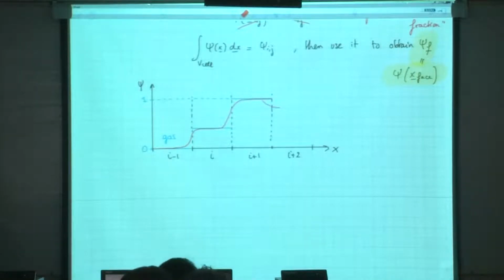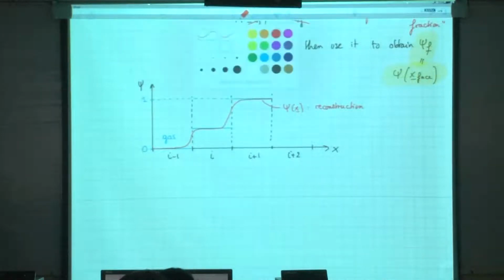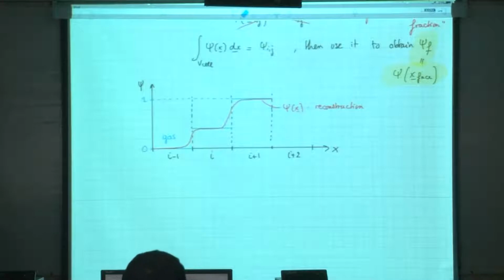So this would be your psi of x. That's your finite volume reconstruction of the function that you want to transport, while your values are really set by psi I plus 1 equal to 1, psi I minus 1 equal to 0, and some intermediate value for psi of I.